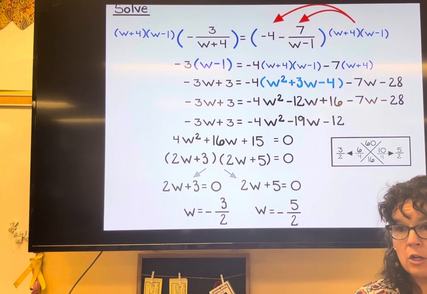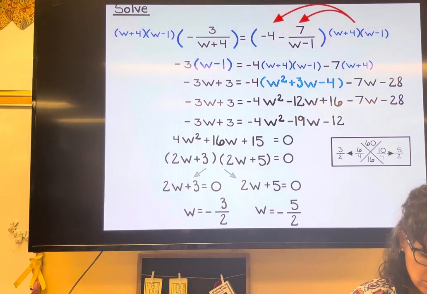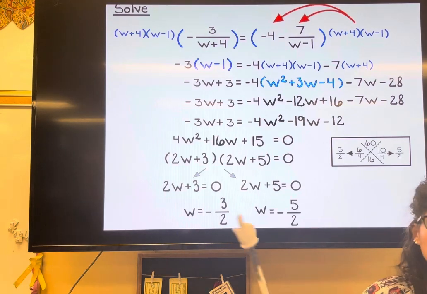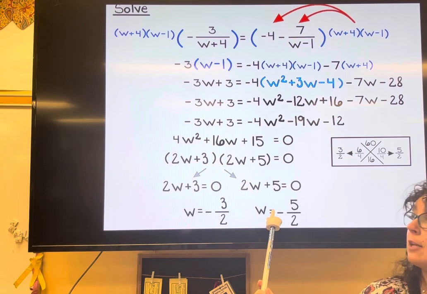Anytime your original equation has a variable in the denominator, checking your answer is not optional. So I want to make sure I check those, but really what I'm checking for is I don't want those to lead me to dividing by 0.